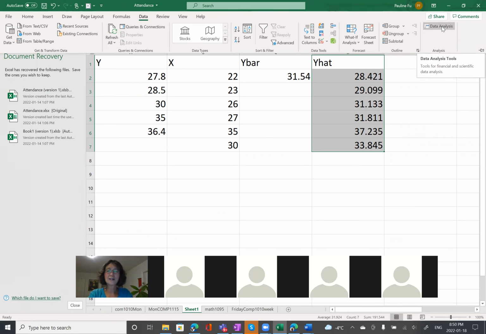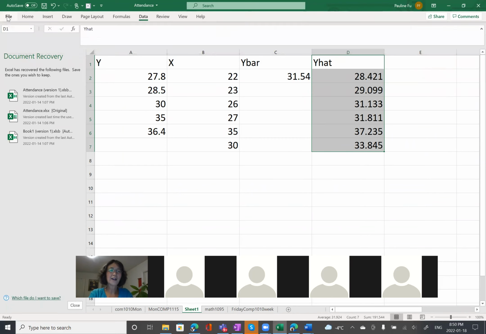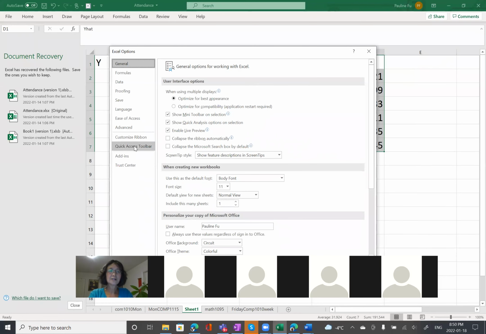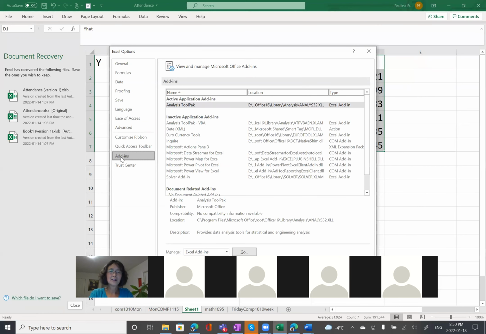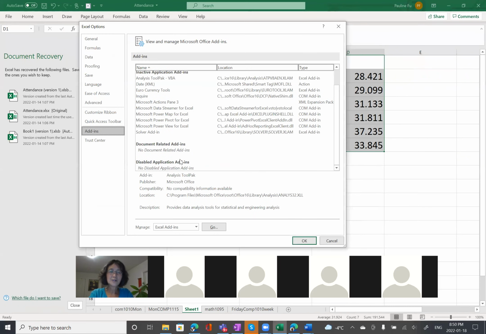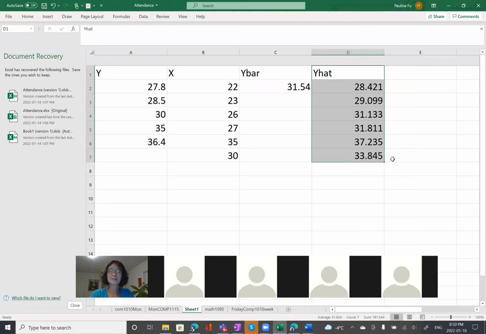If you do not have Data Analysis on your Excel, you can go to File, Options, then click Add-ins. Under Add-ins, make sure you have the Excel add-in selected. Then click the Go button. After that, click OK. Then you have Data Analysis on your Excel.